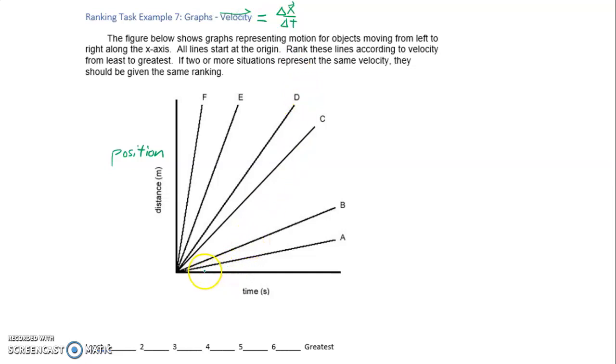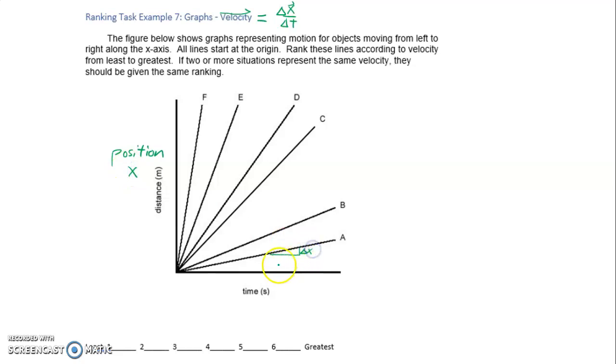And so if we look at A, and we look at the slope, slope is equal to rise over run. And so in case A has a relatively small slope or a relatively small rise over run. Now the rise is the change in the position, which can be given the symbol x.